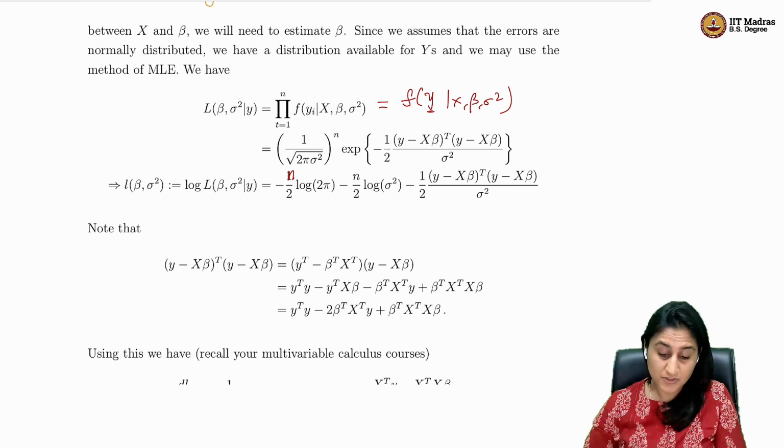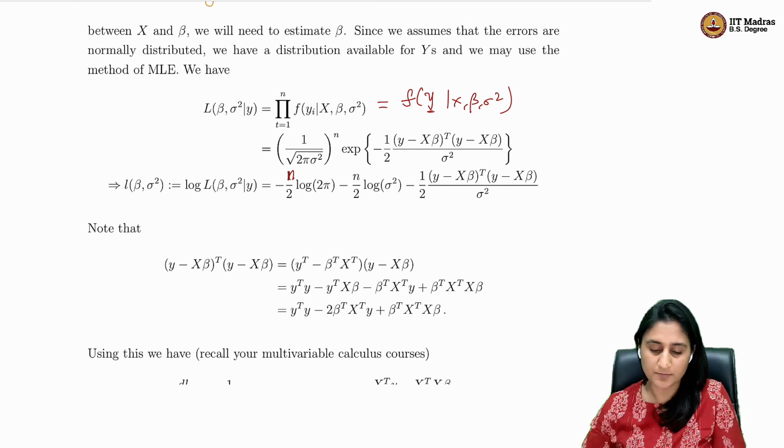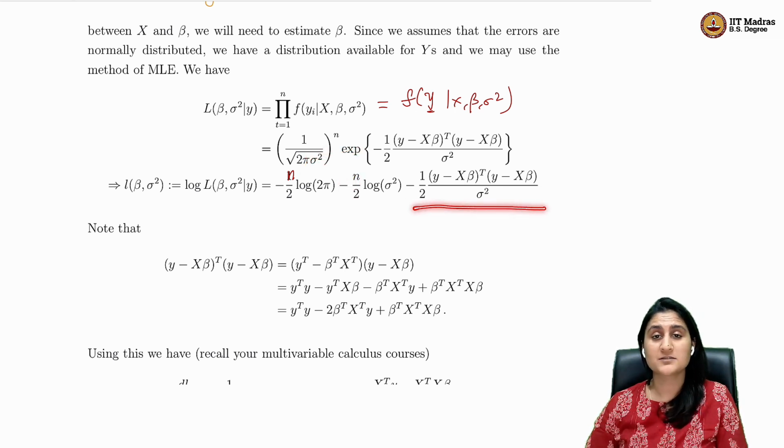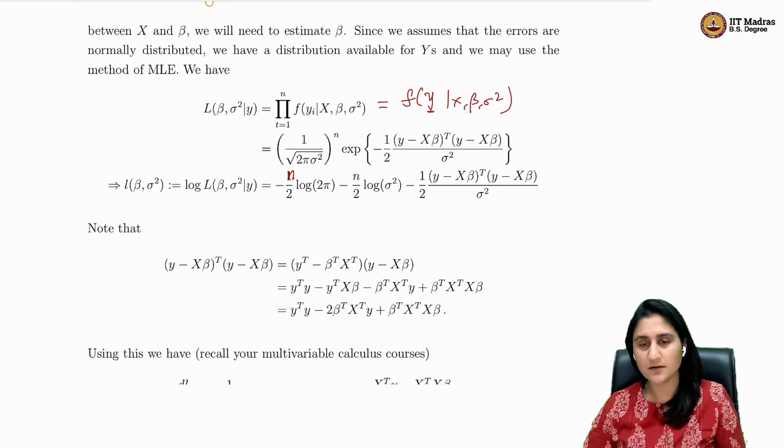Doesn't matter because it's just a constant, it won't really come into the optimization. And then minus n by 2 log sigma squared, so that comes here. And then the exponent goes away, so I just get minus a half (y minus x beta) transpose (y minus x beta) by sigma squared.